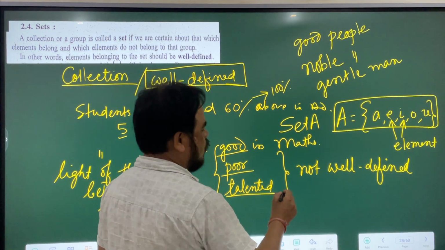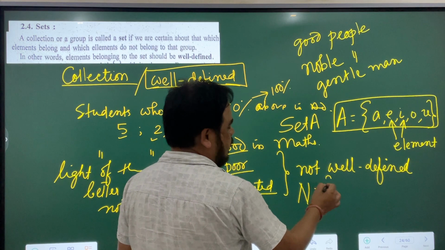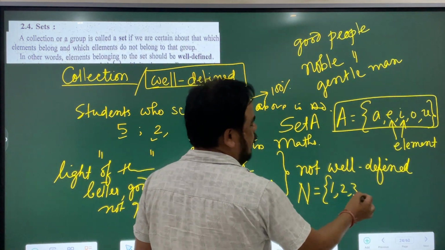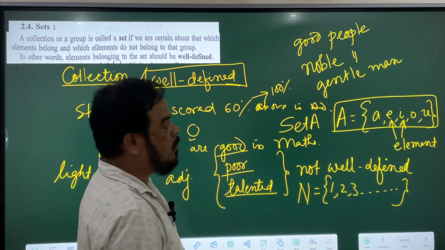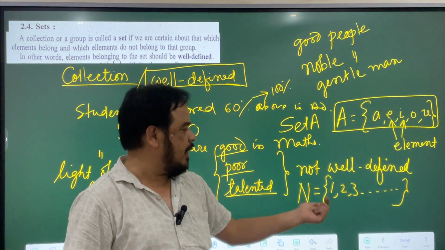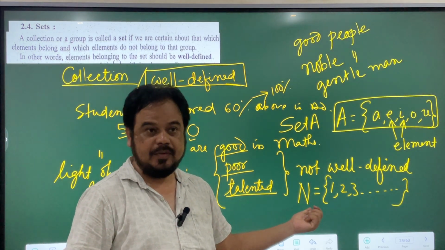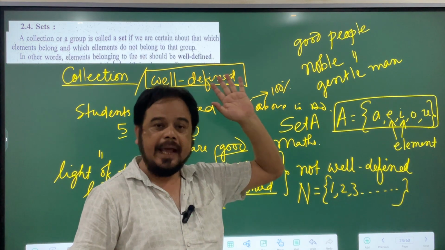Again, let me show you N. N means natural numbers. So we can write 1, 2, 3 like this. This is a set of natural numbers. What is the name of the set? The set is N. What are the elements? 1, 2, 3, 4, 5 till infinity. We don't know the ending.